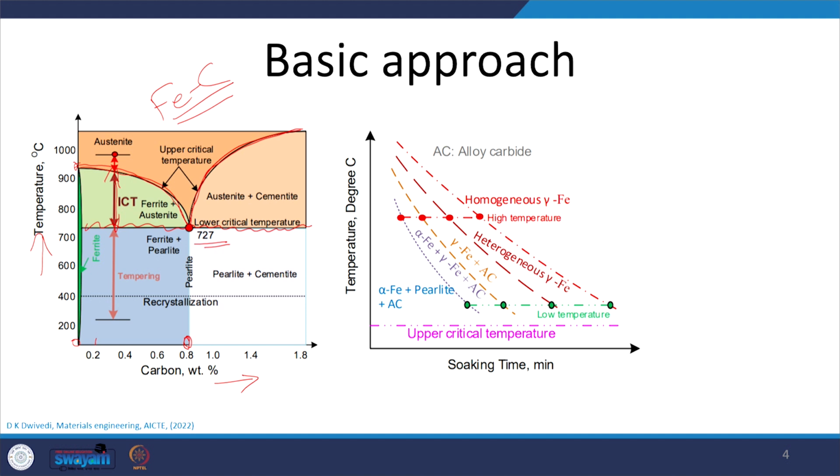Okay. Usually for normal heat treatment processes like annealing, normalizing and quenching, or even for austempering and martempering, heating is done above the upper critical temperature, say 30 to 40 or 50 degrees centigrade above the upper critical temperature, so that all soft phases like ferrite, pearlite or other constituents, if they are present, can be dissolved and homogeneous austenite is formed.